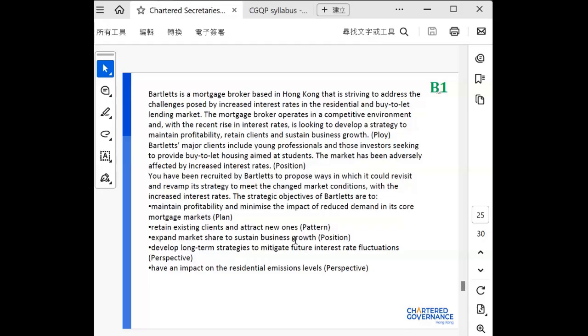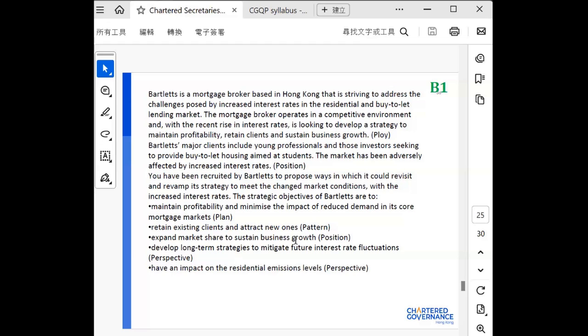And then we have this pattern. So the pattern for Ballard is the ongoing efforts to retain clients and attract new ones. So in this respect, this is a pattern. And this shows a consistent commitment to customer engagement. And then position for Ballard refers to the focus on buy-to-let housing for the younger generations.